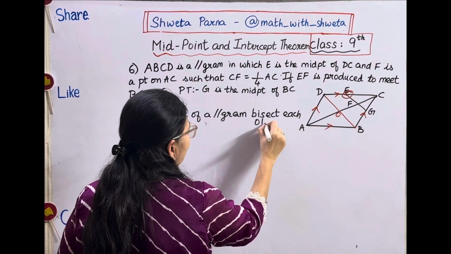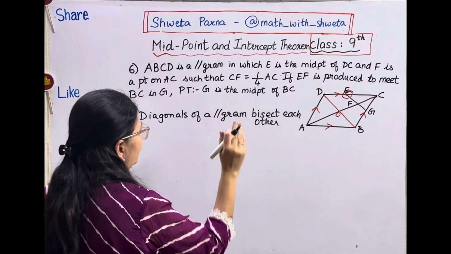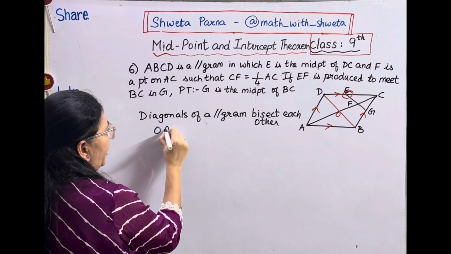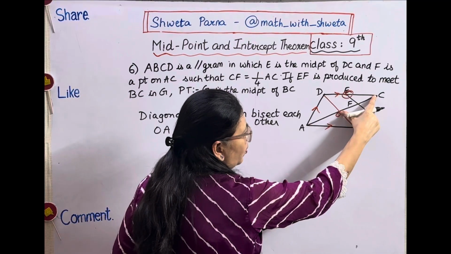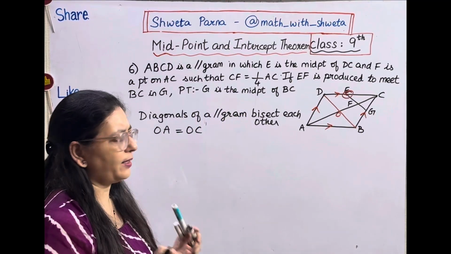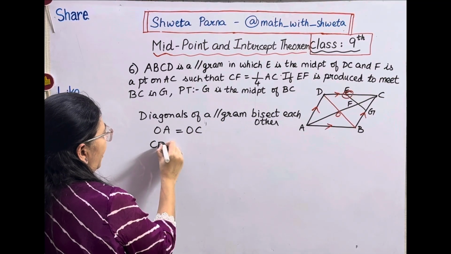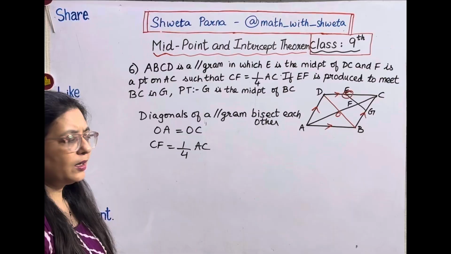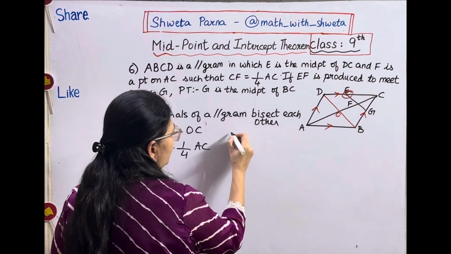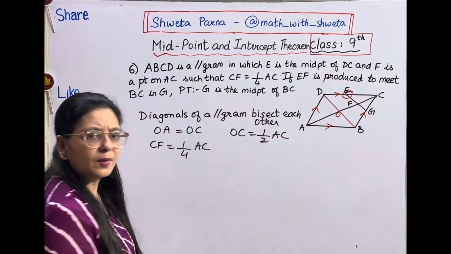What do you mean by bisect each other? It cuts the line segment into half. That means OA is equal to OC. It is bisecting it. Okay. In the question it is given that CF is 1/4 of AC. Correct. But OC is half of AC. Correct.